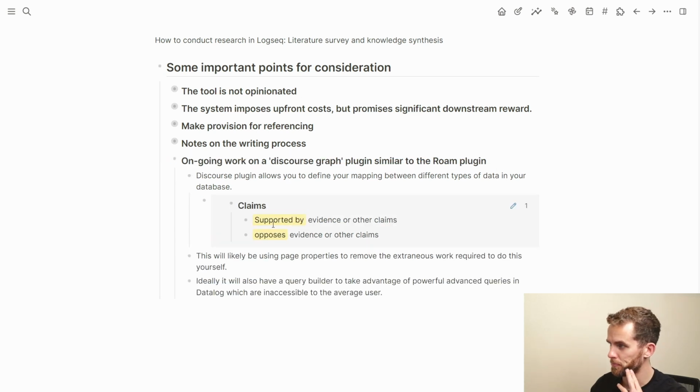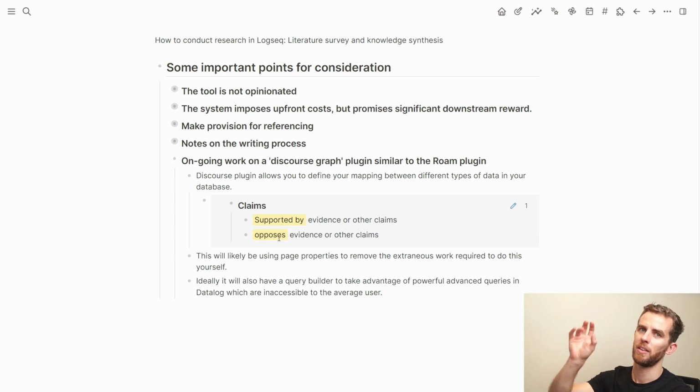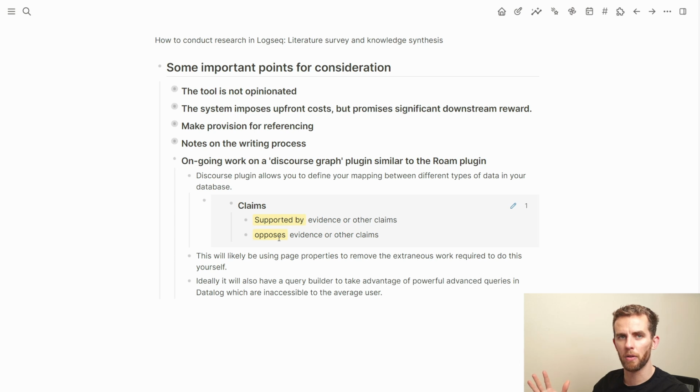As I said, it's claims supported by evidence, or evidence for other claims, or opposes evidence for other claims, and that will allow you to visualize those very easily. So that's going to be a big benefit. No promises yet as to when that will be, but I know that there are some people working on that as we speak. It's likely that this will use page properties, from my early understanding of it. I've watched a couple of videos on it and seen the discussions.